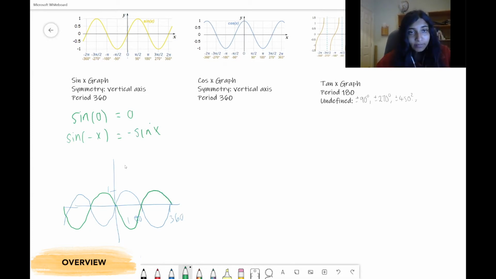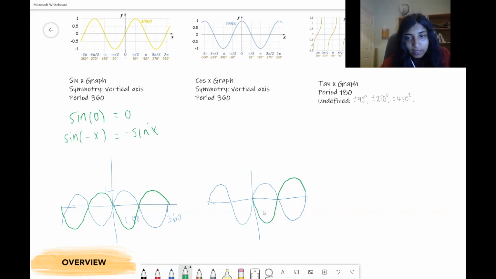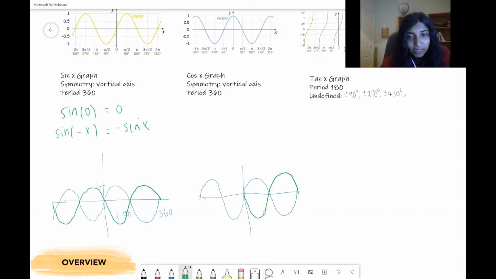And then if we were to draw minus sine of x, let's first draw what sine of x is. Sine of x goes like this. Then if we were to draw minus sine of x, remember that that's just a reflection in the x-axis. So this bit would reflect here, and this bit would reflect like that.